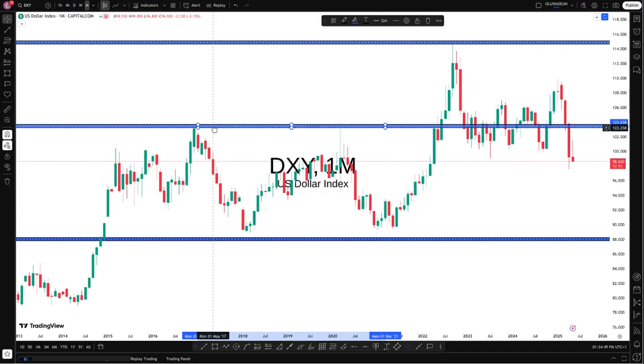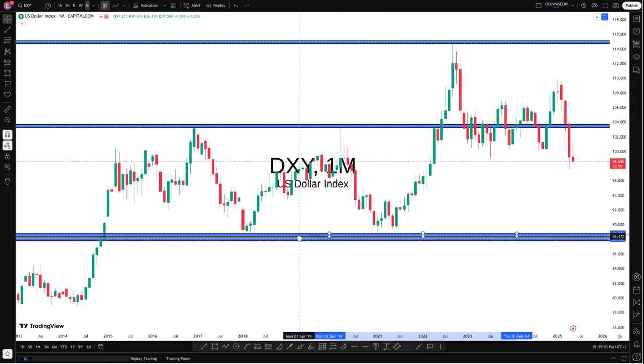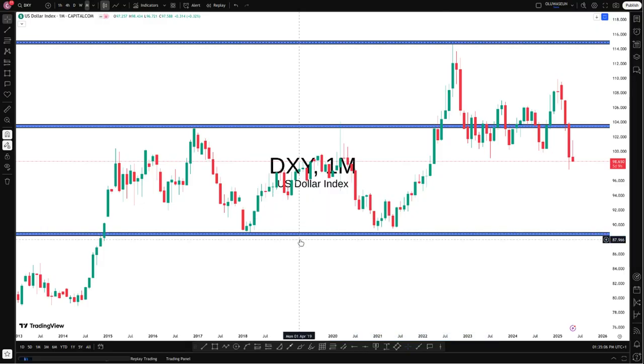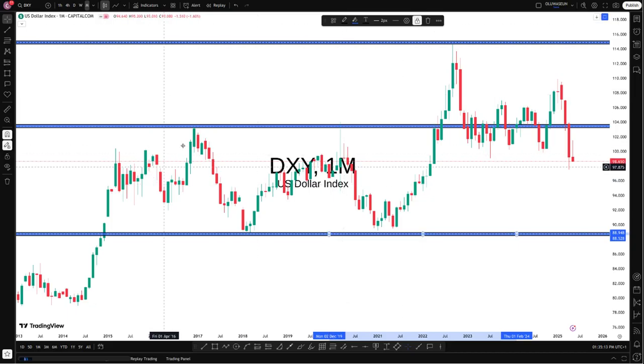This was the first high, and this is, okay, this is the first low. Okay, so let's say this is the swing low, this is the swing high.